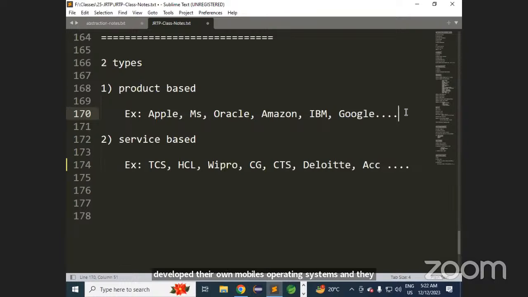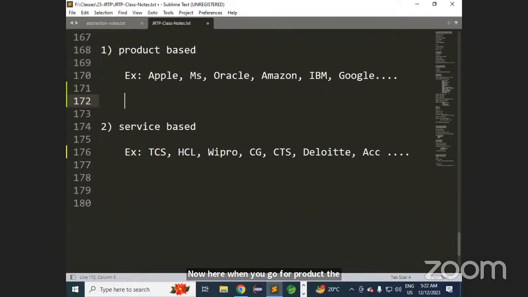The companies which develop the project and sell to customers in the market are called product-based companies. Product-based companies deal with the customers directly. Now, when you go for a product-based company, the first thing is the package is very, very high.